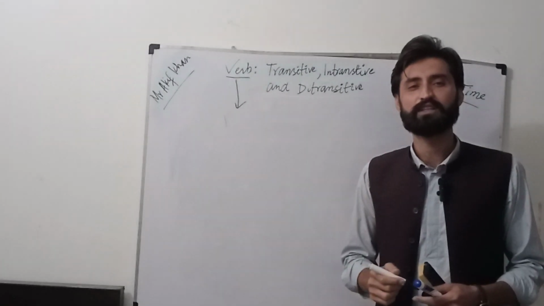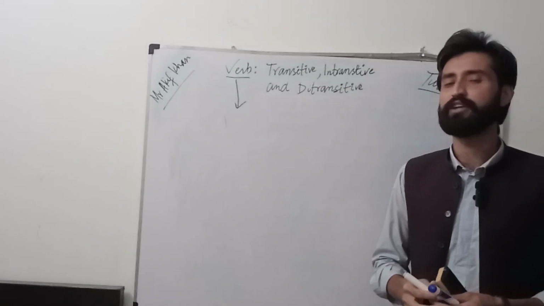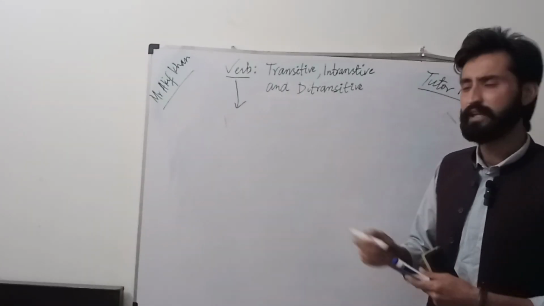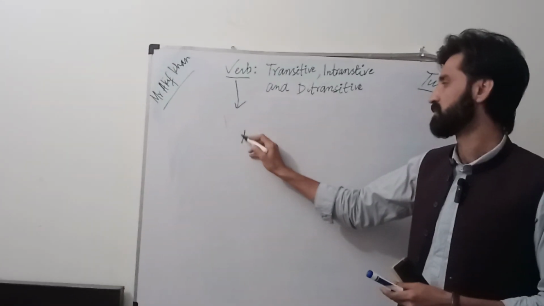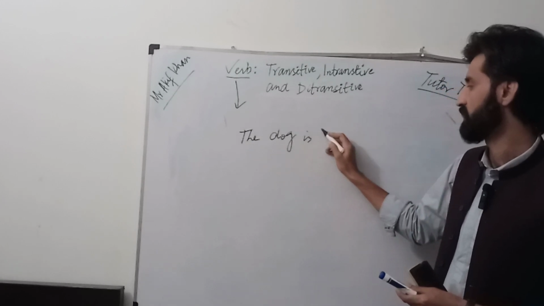So a verb basically is an action that is going on and that we talk about in a sentence. Like if I give you a very simple example, the dog is barking.